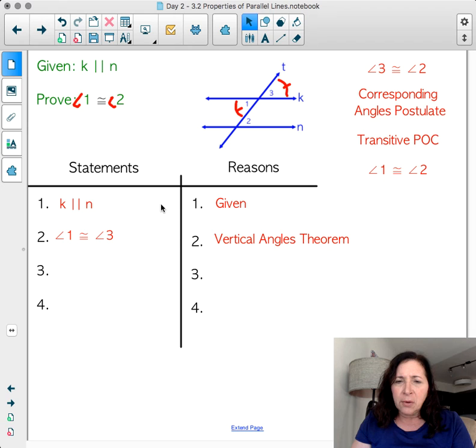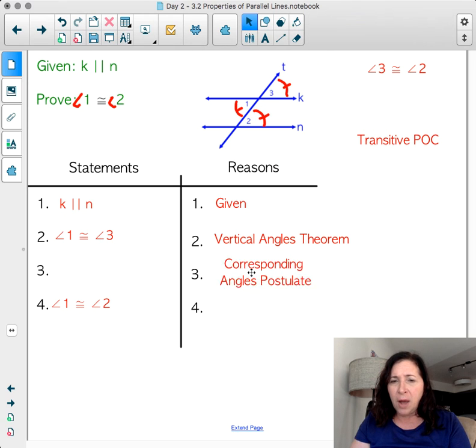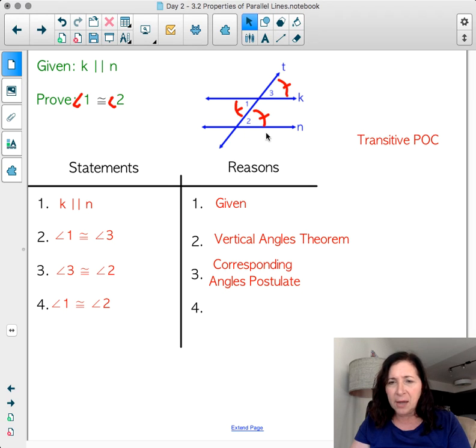I also know that I'm trying to prove that 1 is equal to 2. That's ultimately what I'm trying to prove. I know that 1 is congruent to 3 because they're vertical angles. I also know that 3 and 2 are what we call corresponding angles, so I can say that 3 and 2 are congruent because those are corresponding angles.